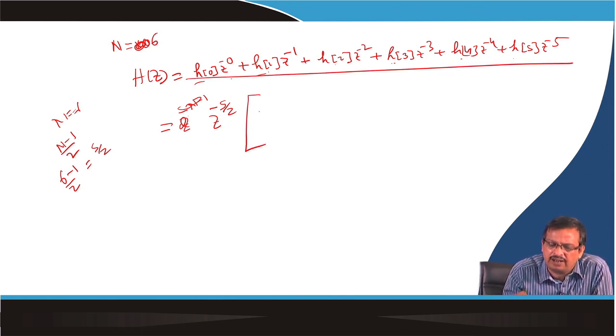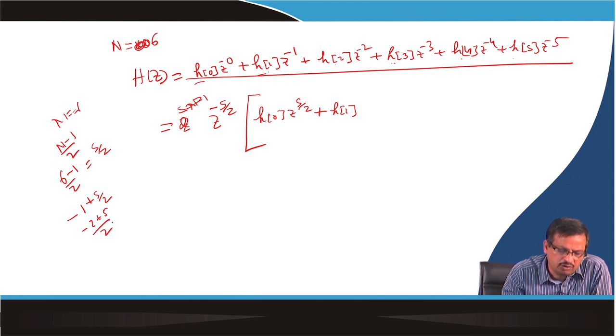So here it is not there, so I can say H0 into z to the power plus 5 by 2 plus H1 into, there is a minus 1, I have taken common this one, so this will be added up, 5 by 2. So it is nothing but minus 1 plus 5 divided by 2, which is 3 by 2.